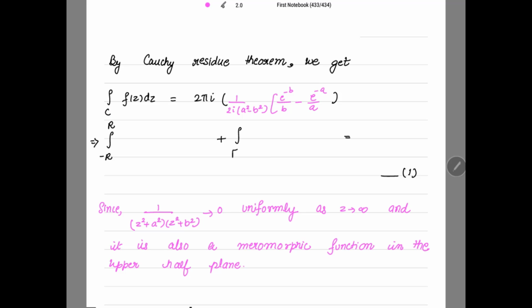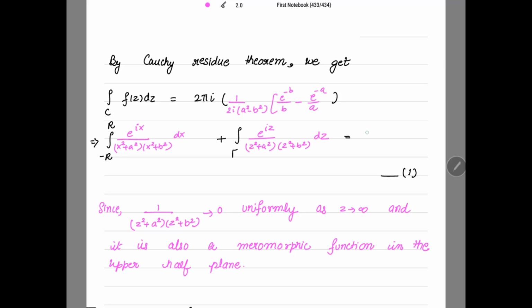Now this contour C will be first along the real axis. This will become e to the power iota x, our function, over x squared plus a squared into x squared plus b squared, dx, plus, now along the tau I have to use the z variable, e to the power iota z over z squared plus a squared into z squared plus b squared dz.